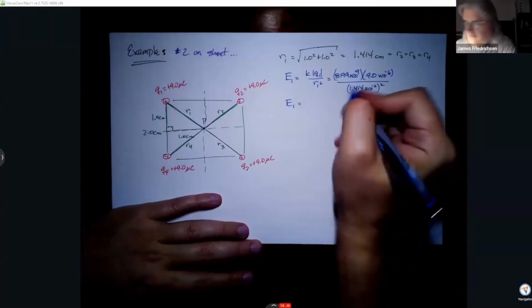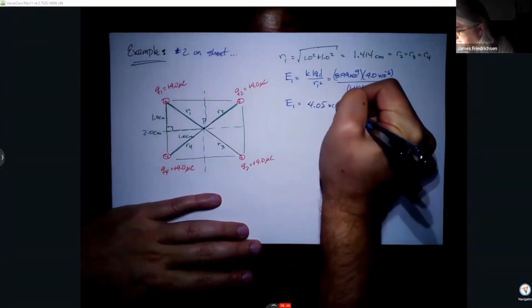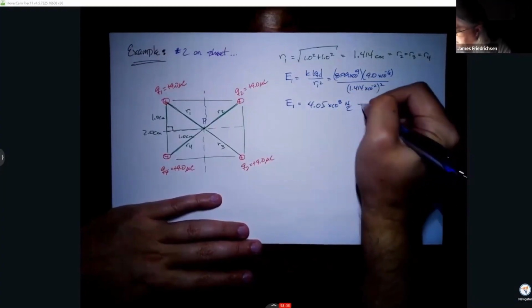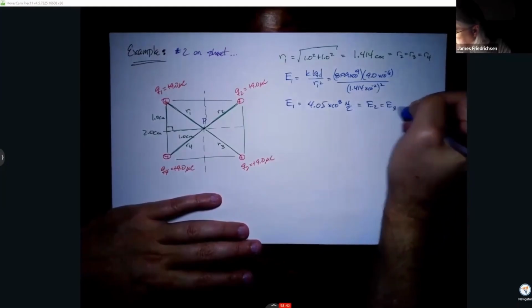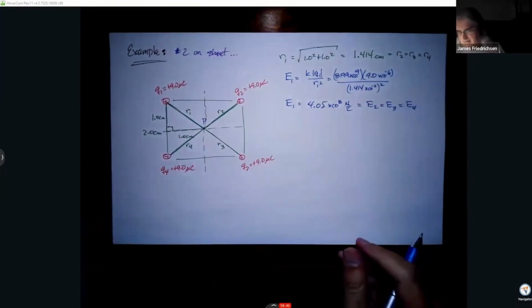It's 4.05 times 10 to the 8. And as we mentioned, essentially by symmetry, these are all going to have the same magnitude.